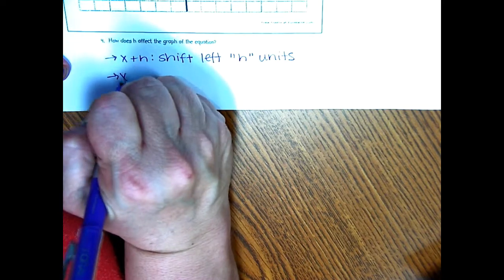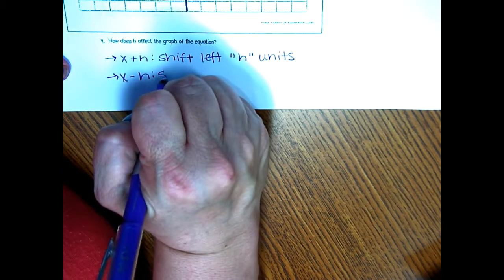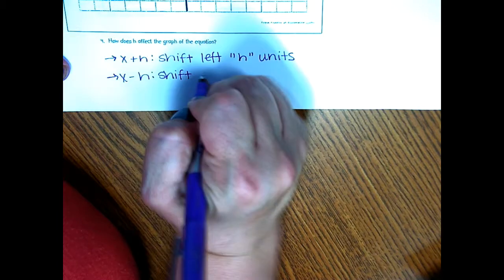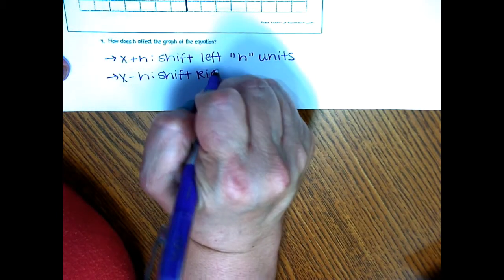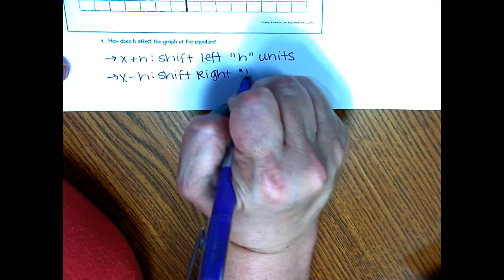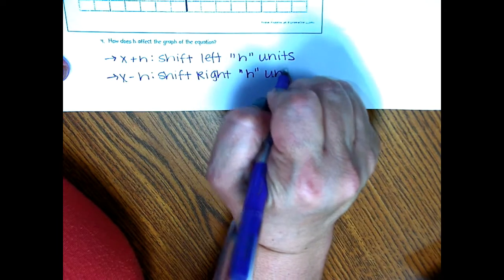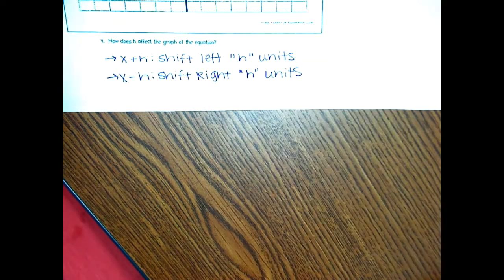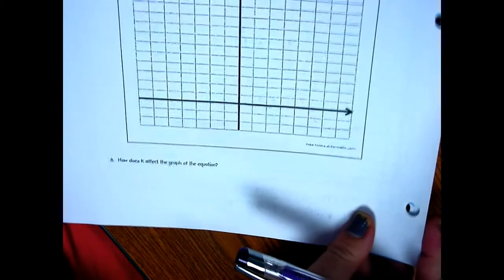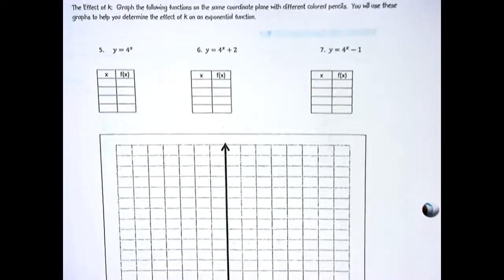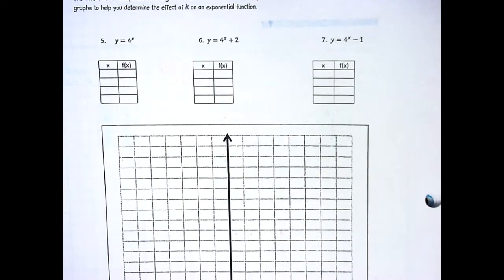When I have x minus h, it's going to shift right h units. Okay, on the next page, we're going to explore the effect of k on our graph.